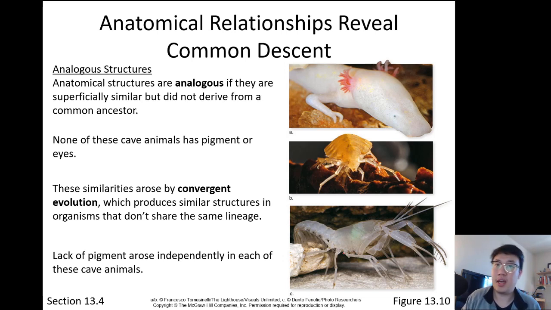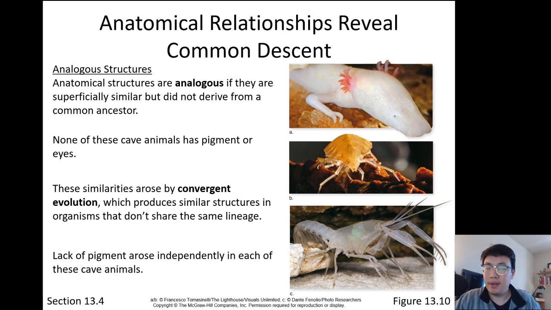Now, these are cave animals. So cave animals, look in the environment. The cave does not have a lot of light in it, hence that's why it's called a cave, guys. And so if there's no light and nothing can see in the dark, does it really need to spend energy to develop eyeballs if there's no light?